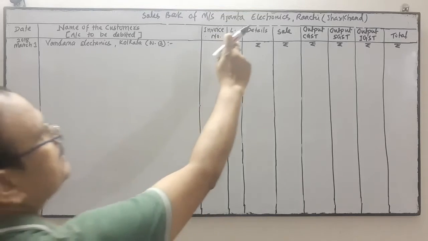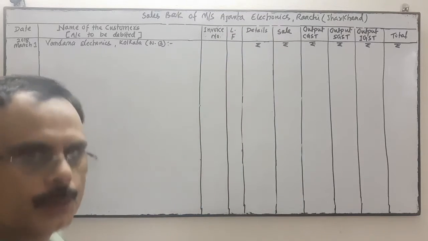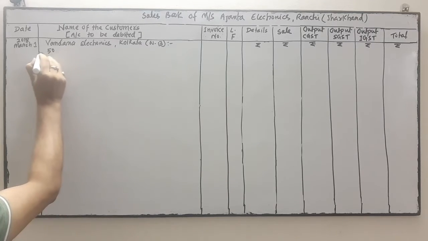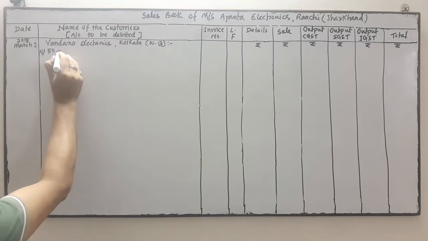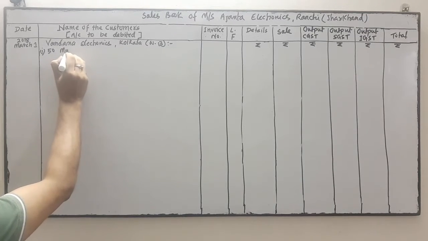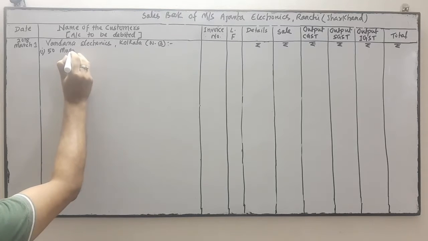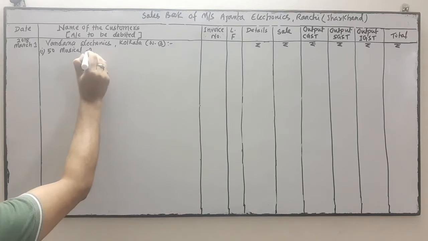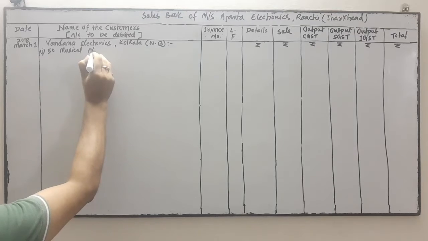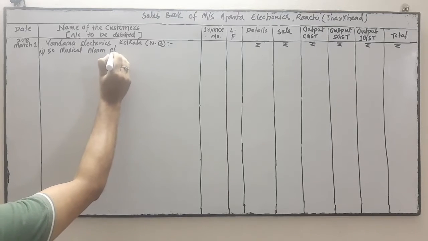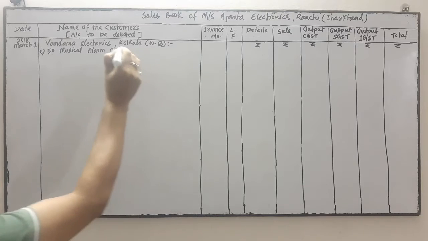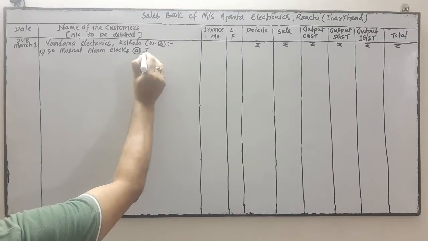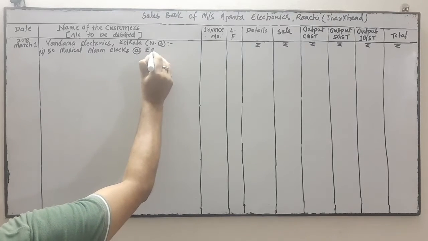By name it is clear, Ajanta Electronics, so electronic items will be the goods. The first one sold is 50 alarm clocks at the rate of rupees 800 each.